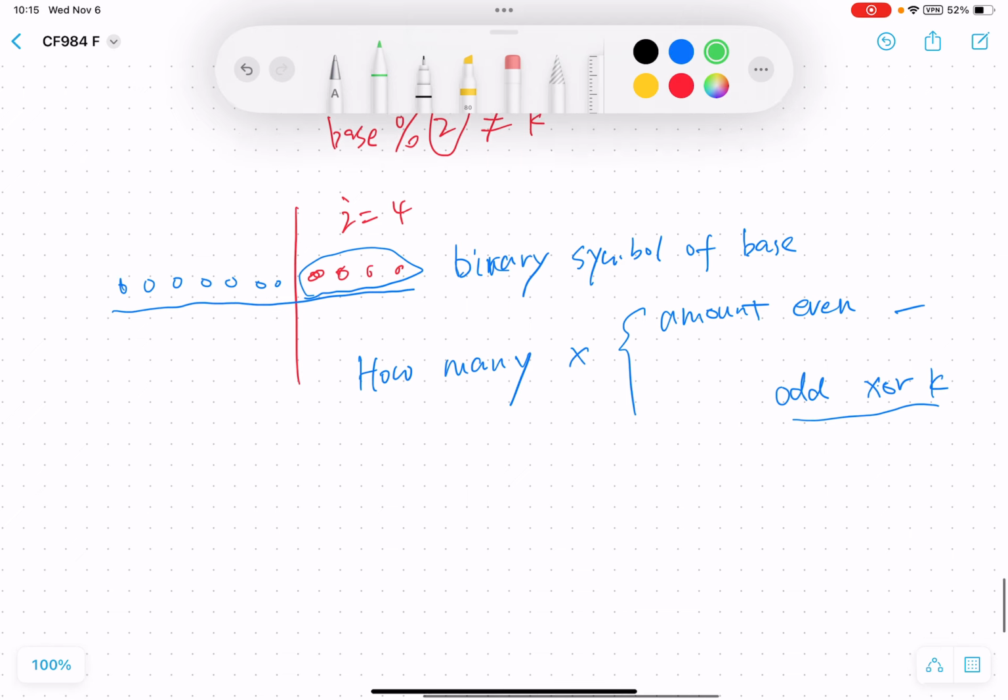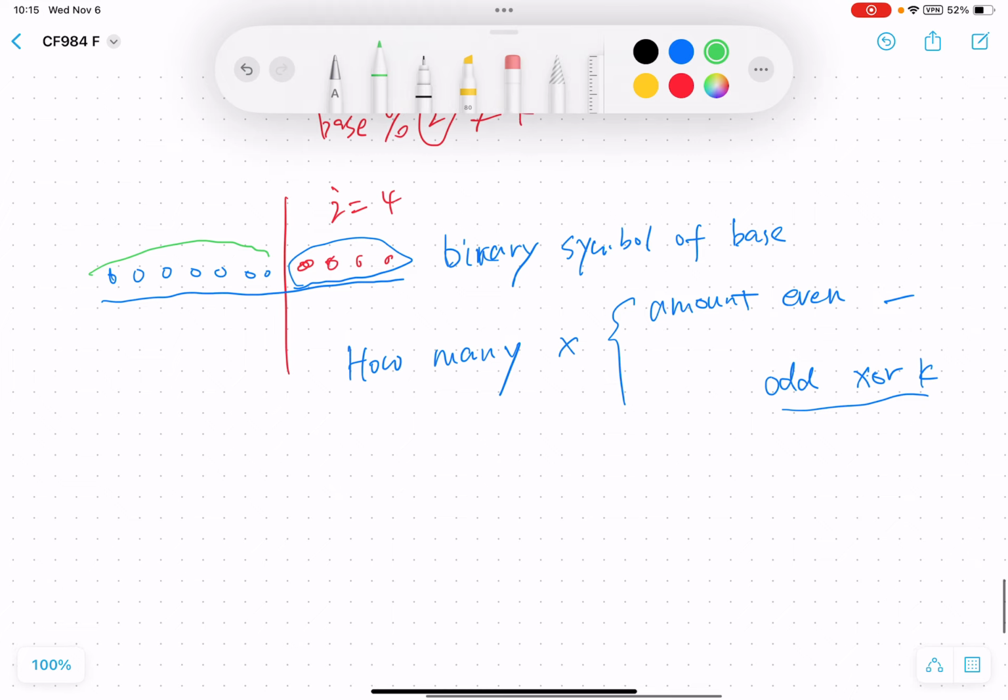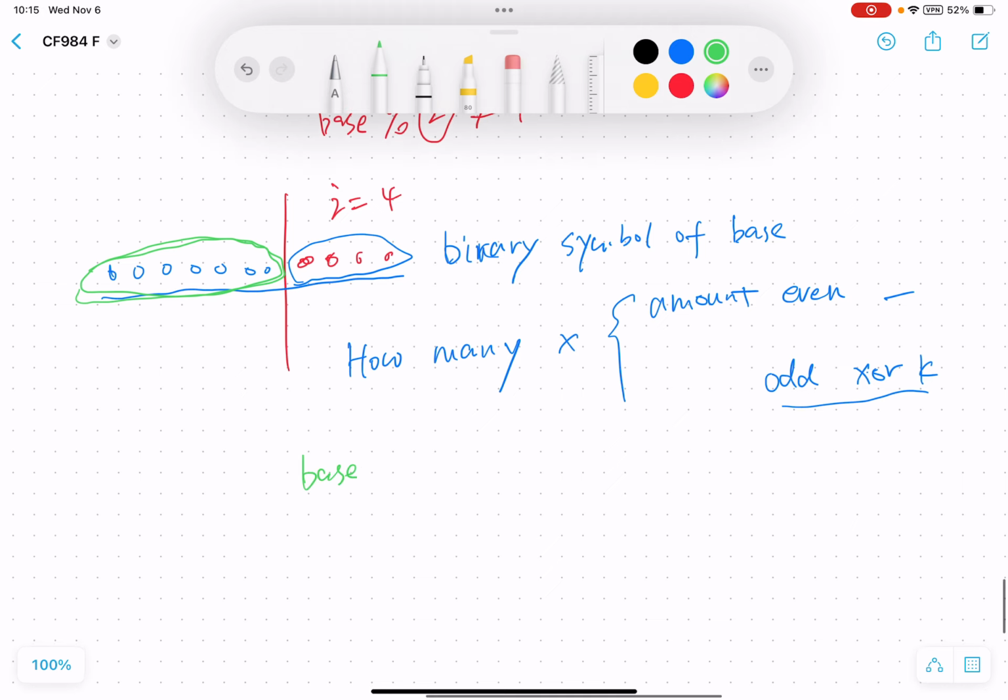In addition, we also need to process the first several elements. First of all, we can get the answer of first several elements. That means base divided by 2 to the power of I. So this will be the answer.